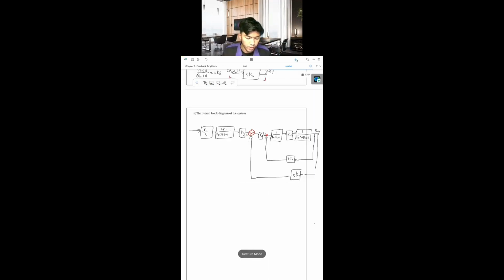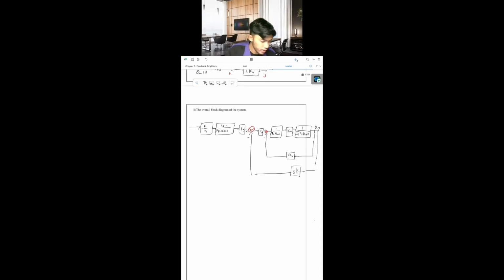So we got the overall block diagram. We complete the question; just put V_in(s).